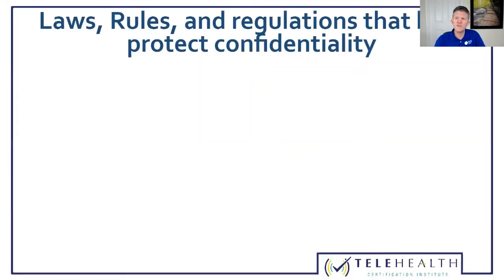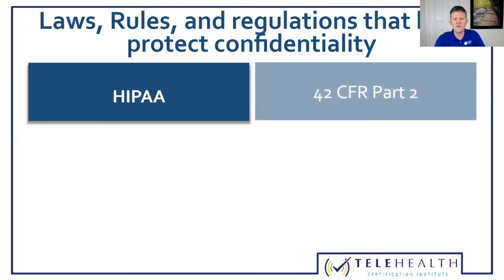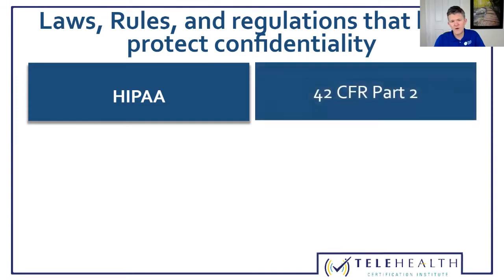So some of the laws to consider here are HIPAA law, right? HIPAA is in the United States, it's privacy and security law around healthcare information. And that has the biggest impact on healthcare providers here in the US. 42 CFR Part 2 has to do with substance abuse providers in treatment, so addiction treatment, right?